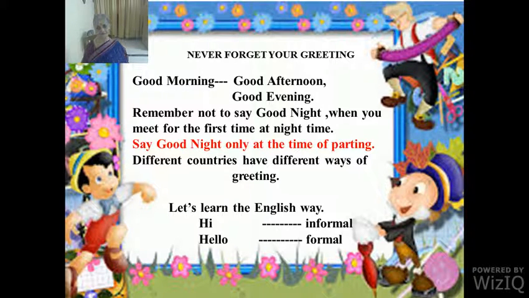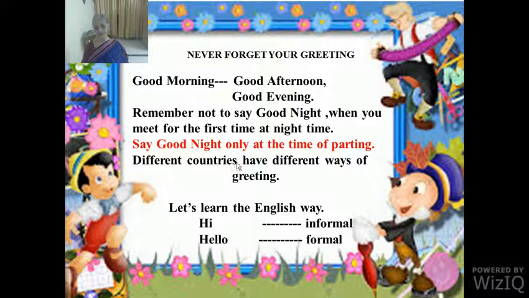And when we speak out, depending upon the time of the day, we either say good morning or good afternoon. If it is after 4 o'clock, we say good evening. But please remember that you should not say good night when you meet a person for the first time at night time. You should remember that you should say good night only at the time of parting.